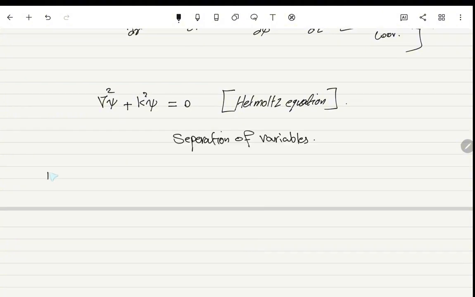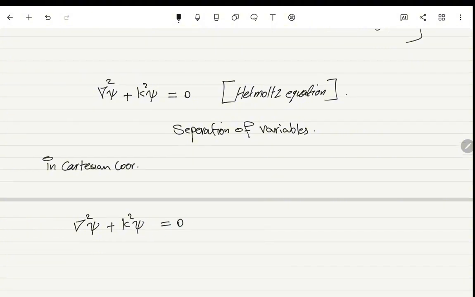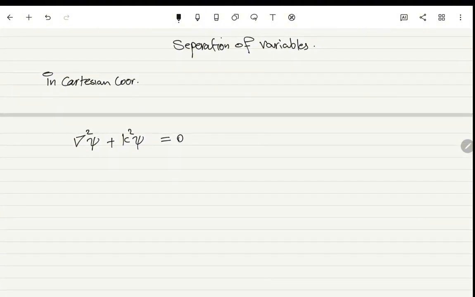In Cartesian coordinates, Laplacian psi plus k squared psi equals 0, and the Laplacian in Cartesian coordinates is defined as partial 2 psi partial x squared plus partial 2 psi partial y squared plus partial 2 psi partial z squared plus k squared psi equals 0.